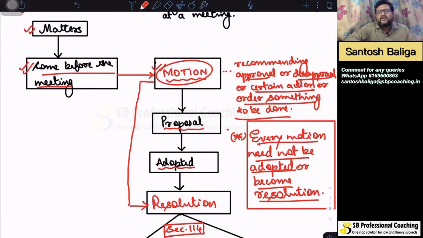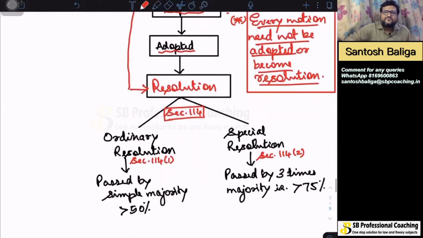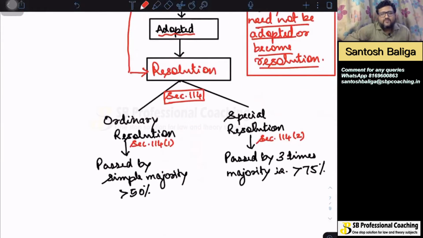Do mind over here that ordinary business and special business do not have any relation with ordinary resolution and special resolution. Both are different concepts altogether. Many students do think that it is ordinary business, so it might be ordinary resolution, and it is special business, so it might be special resolution. This myth is completely wrong.